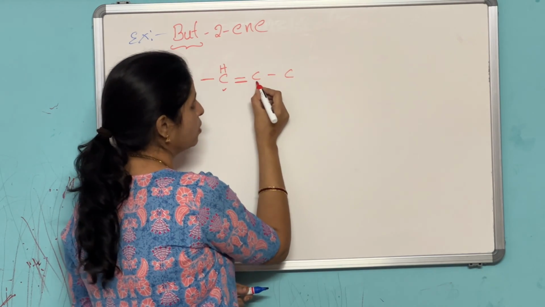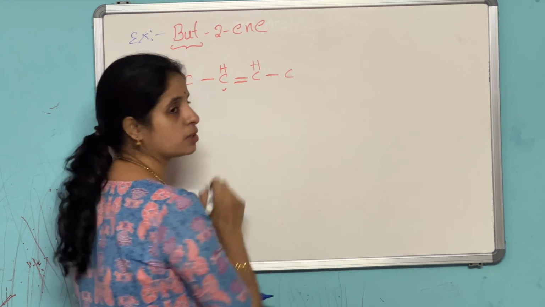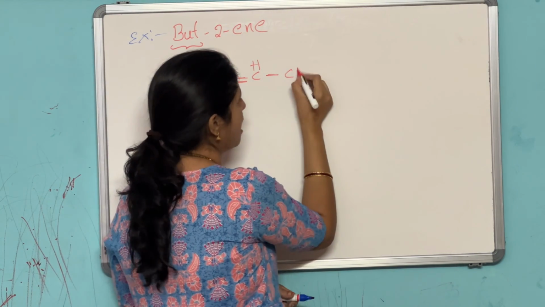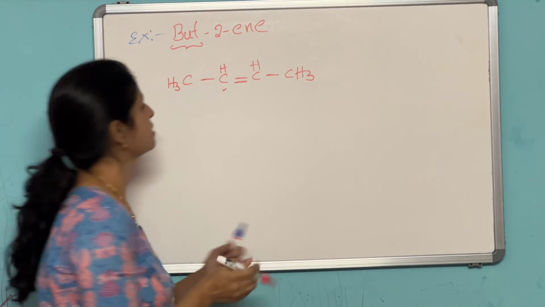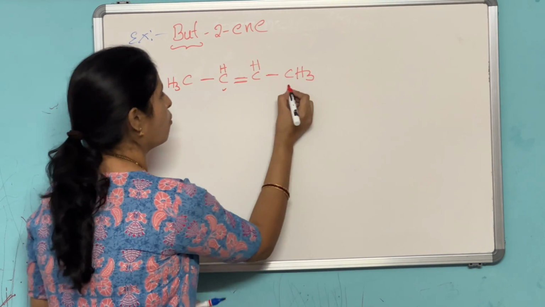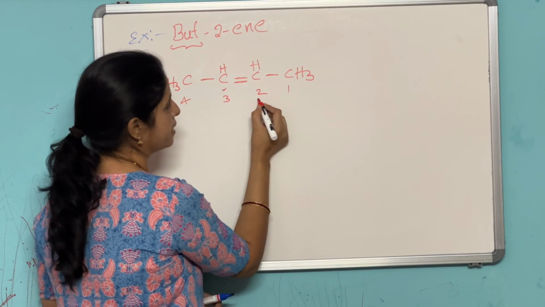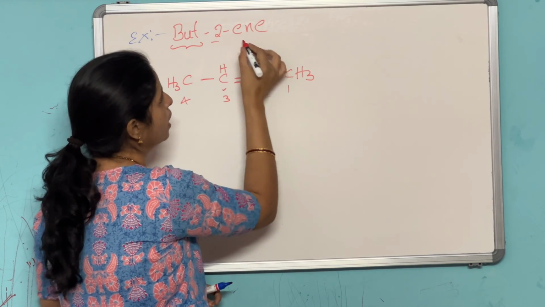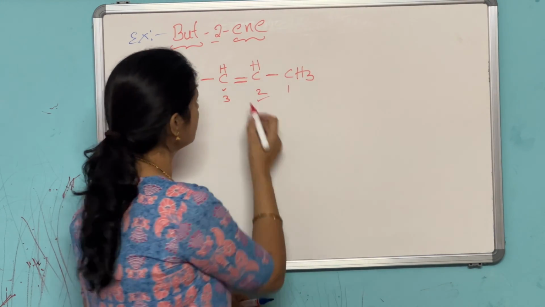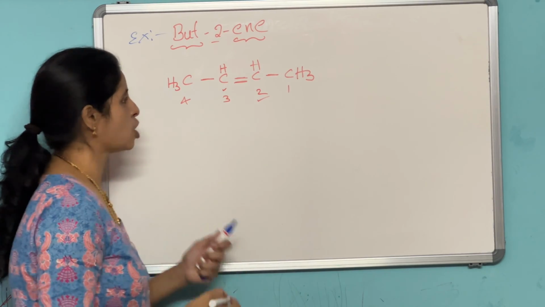And around this carbon atom, 1, 2, 3, and for the remaining 4th valency you place hydrogen, and here 3 hydrogens. So this is the way of writing the structure. So but-2-ene: 1, 2, 3, 4, 4 carbon atoms, but, at the second position a double bond, and as it has a double bond the name ends with ene. It is but-2-ene.